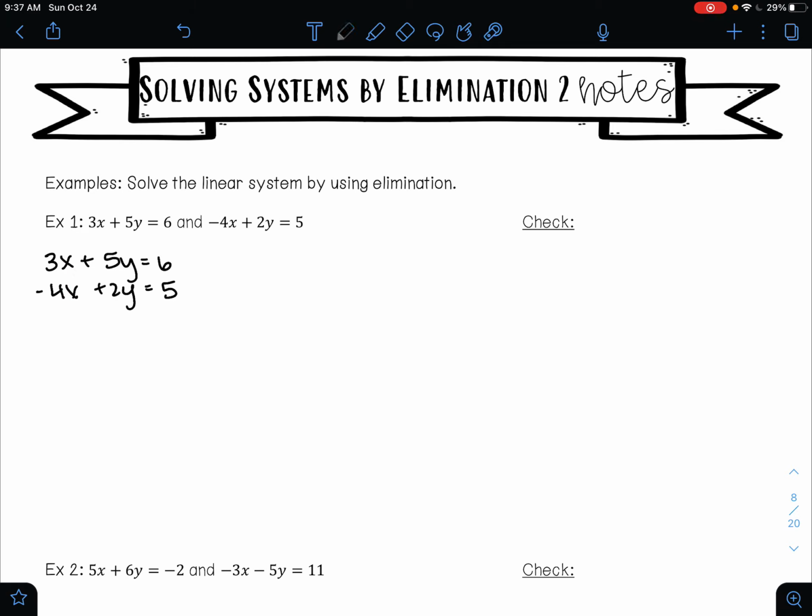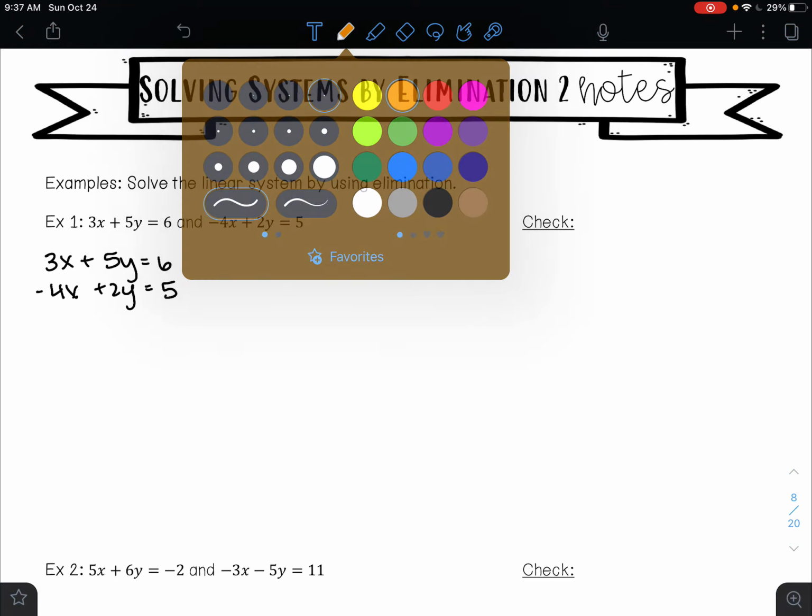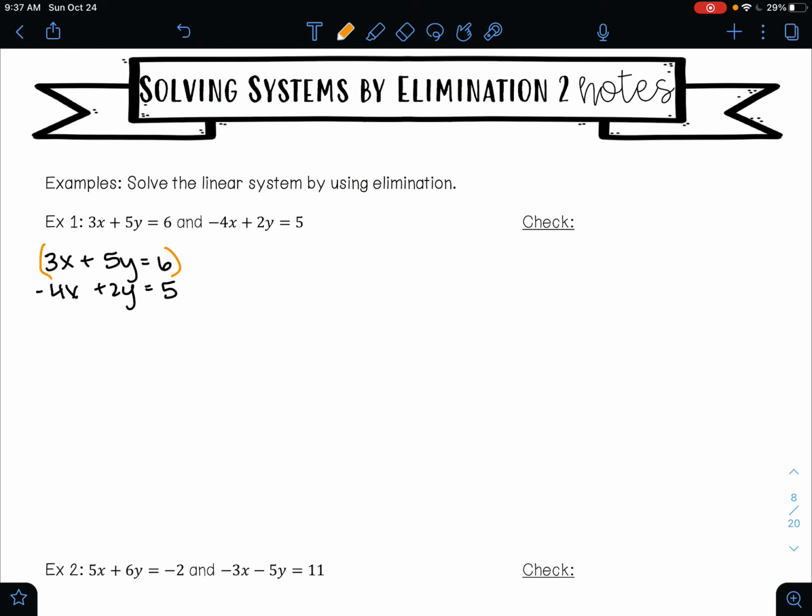12. I could make this top 3x a 12x if I multiplied it by 4. And I could make this bottom negative 4x a negative 12x if I multiplied it by 3. Remember, when you're multiplying, you have to multiply everything.